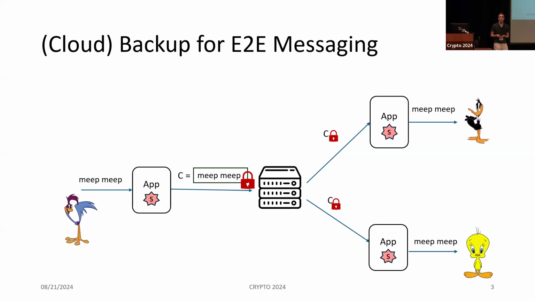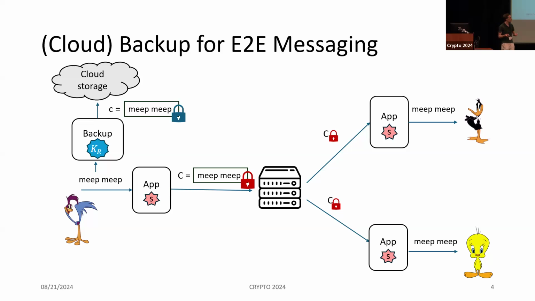So now, if we add backup, how would that look like? Well, you would take the plaintext, you would run a separate backup protocol, probably one that uses some completely independent secret of the application, produce some kind of ciphertext as well, and then upload it to the cloud.